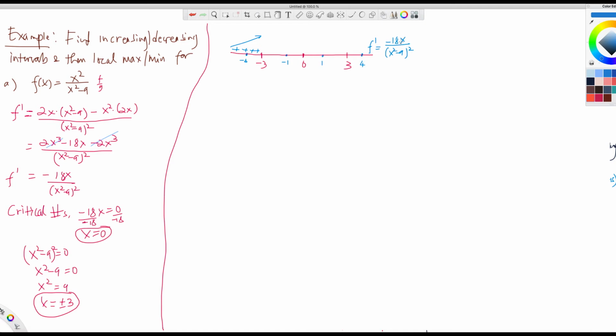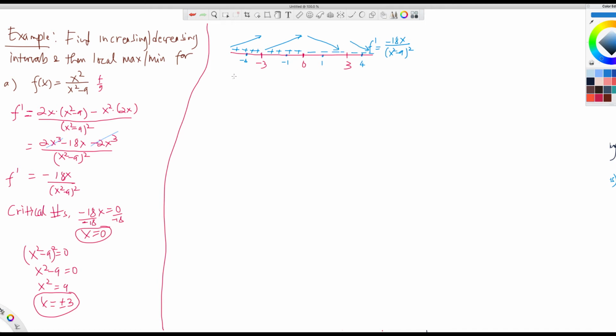And the numerator is positive as well. So plus. And how about +1? -18 times 1 is -18, divided by positive. So negative over positive will be negative. So this is decreasing, right? How about 4? Negative 18 times 4 is negative, divided by positive will be negative. So this is also decreasing.